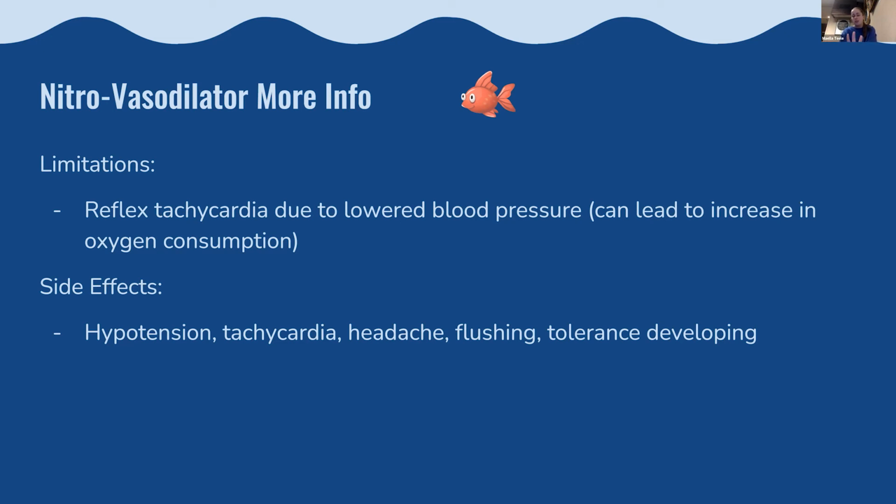But thankfully, the reflex tachycardia and the increasing oxygen consumption isn't enough to negate the effects of the nitrates, if that makes sense. And side effects of the nitrates, we've got hypotension potentially, tachycardia, headache, flushing, and tolerance developing. So all those vasodilators lead to that.